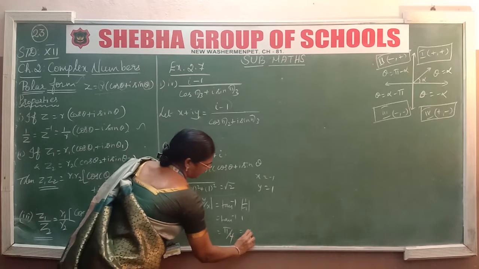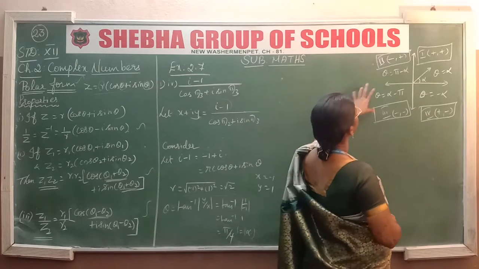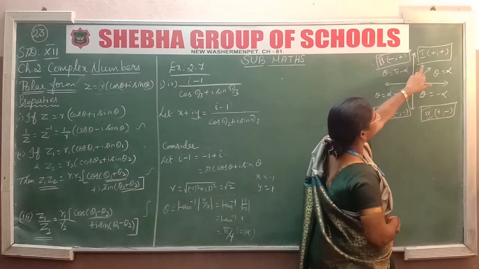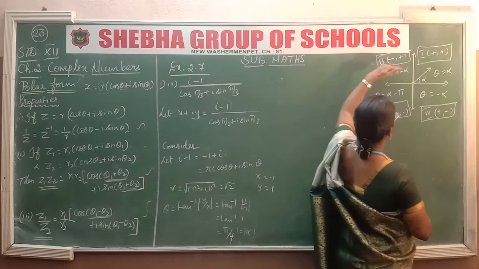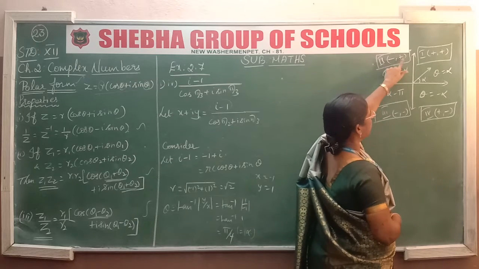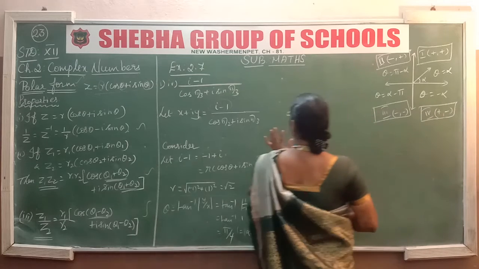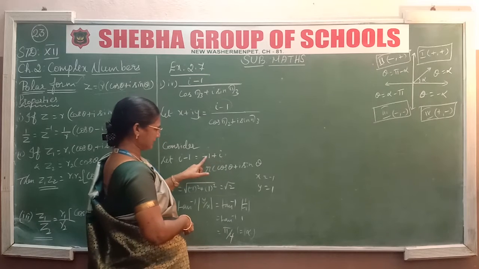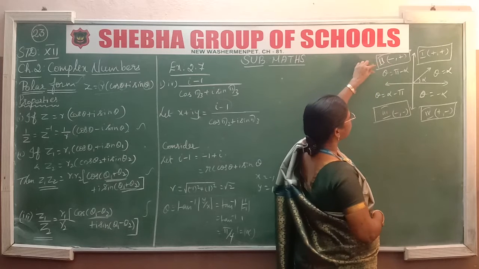We write this as alpha, and listen, the plane. This is the first quadrant. In the first quadrant plus plus, that means x is plus and y is plus. In the second quadrant x is minus, y is plus. The third is minus minus, the fourth is plus minus. So our complex number minus 1 plus i, that is minus comma plus, means it lies in the second quadrant.